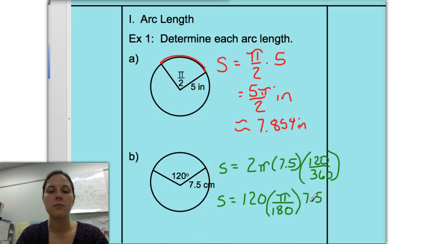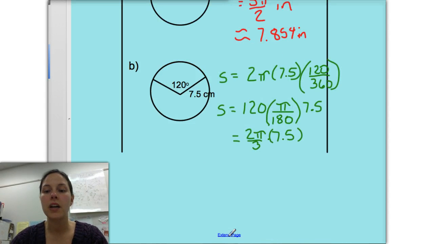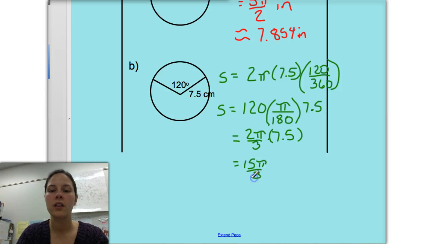Either way, when you simplify this, the 120 over 180 gives us 2 pi over 3 times 7.5. And when we multiply the 2 by 7.5, we get 15 pi over 3, or an exact answer of 5 pi centimeters.